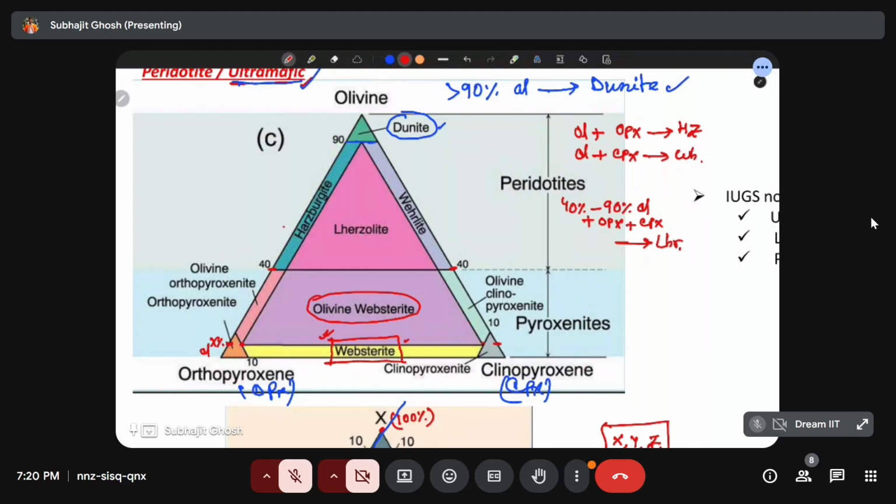These three rocks are so important. Herzbergite if there is OPX, Wehrlite if there is clinopyroxene, and if there are both pyroxenes with greater than 40% of olivine, then the rock will be named Lherzolite.